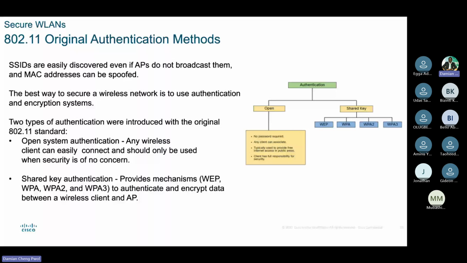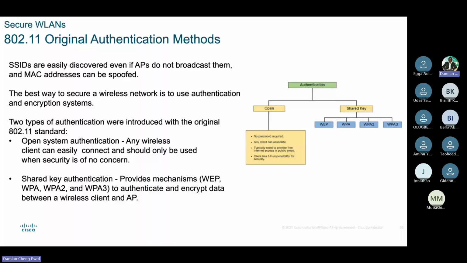So the best way to secure a wireless network is to use authentication and encryption systems.